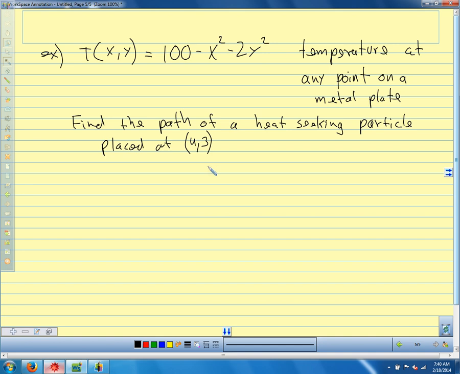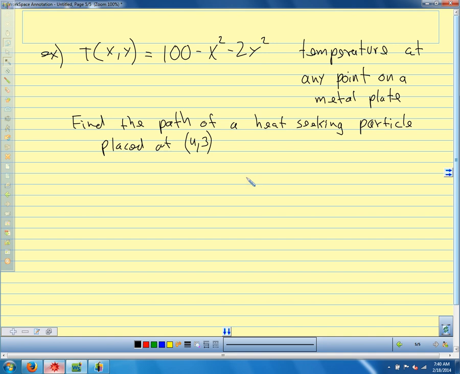So this function gives us the temperature on a metal plate, and we want to find the path of a heat-seeking particle that starts off at (4,3). Yeah, heat-seeking particle, that's the part that I really like.